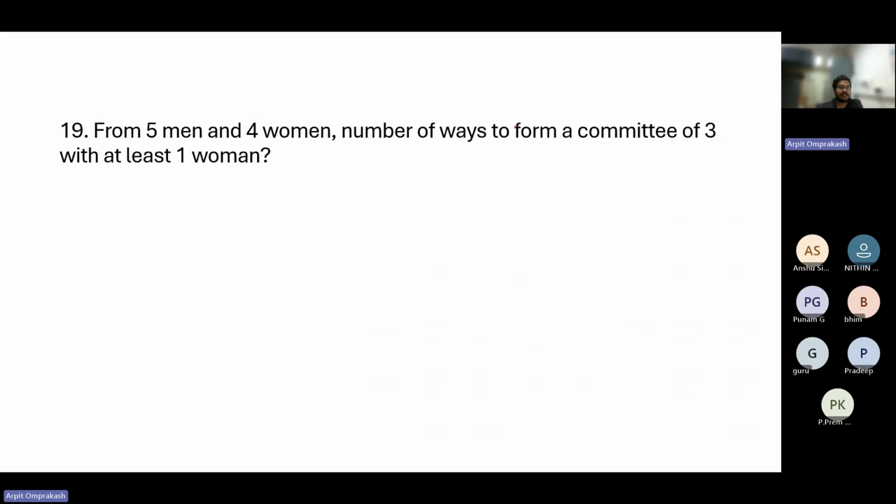Just tell me how you will go about solving this. What is the formula that you will use?